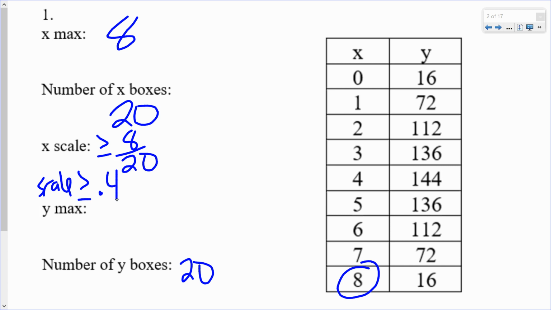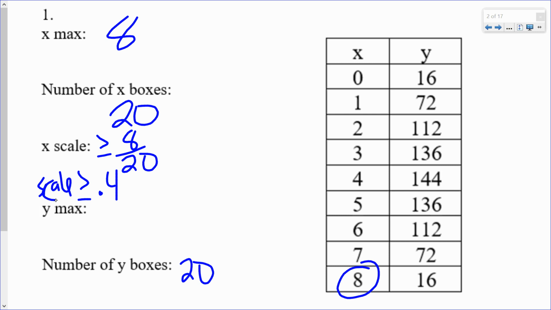Now here's where you need to use your judgment. I can pick any value that's greater than or equal to 0.4. The closer it is to 0.4, the better it's going to look. However, I want to work with an easy number to make the problem easier for me.